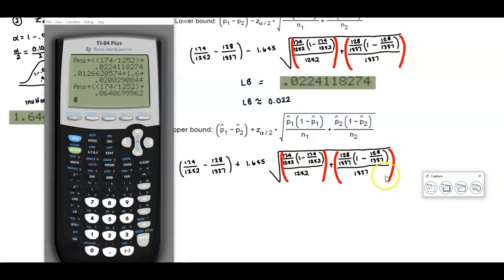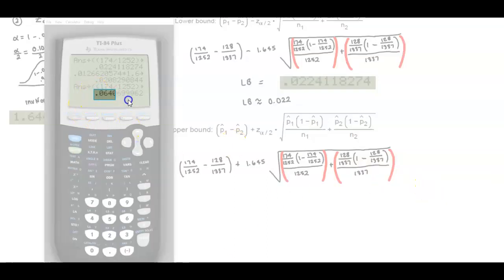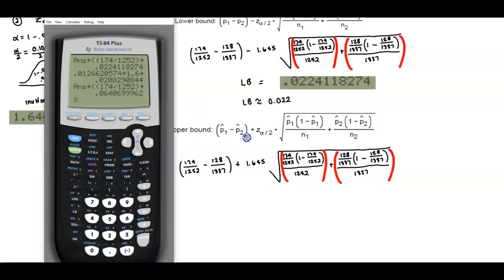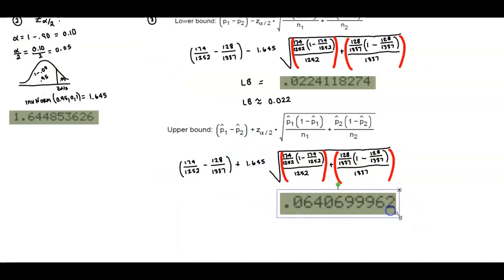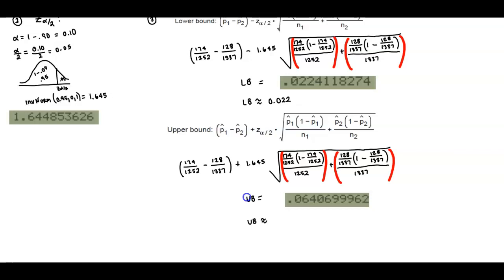So let's go ahead and copy that result. So this is the upper bound, and if we approximate that to 3 decimal places, we get 0.064.